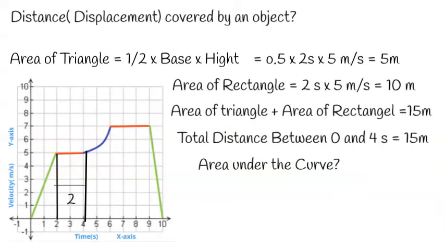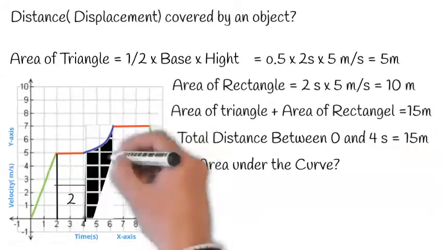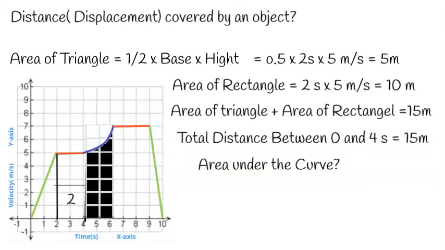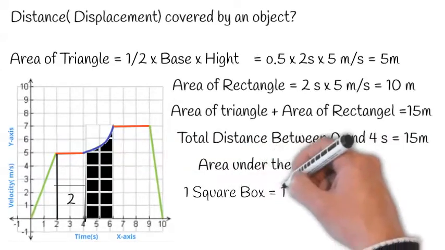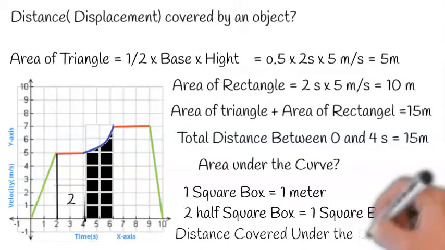How to find the area under the curve? By finding the area under the curve, we will count the square under the curve. So 1 square box is equal to 1 meter and 2 half square box is equal to 1 square box.